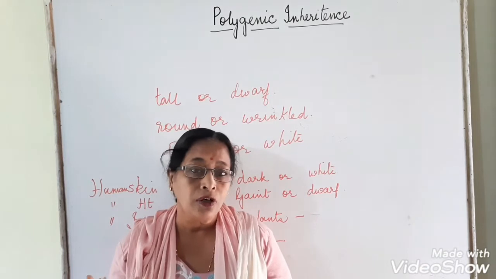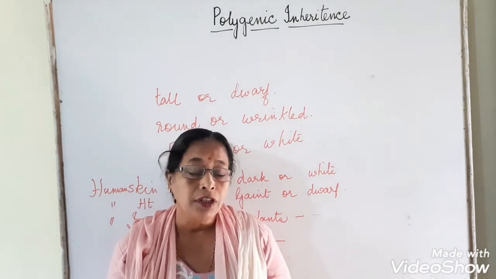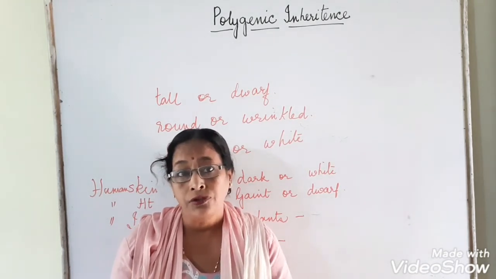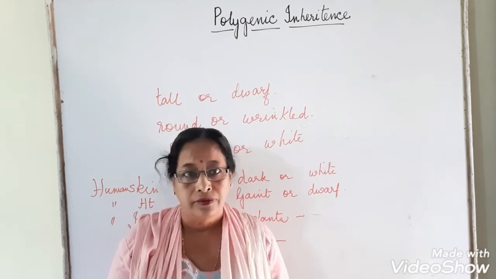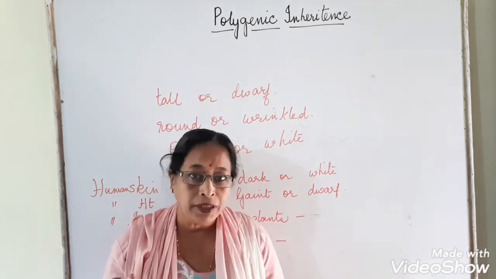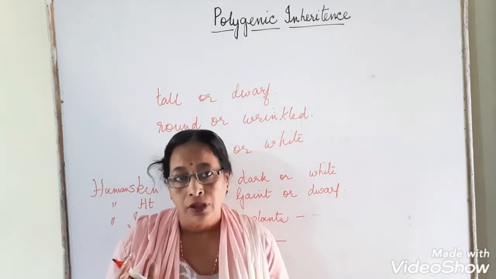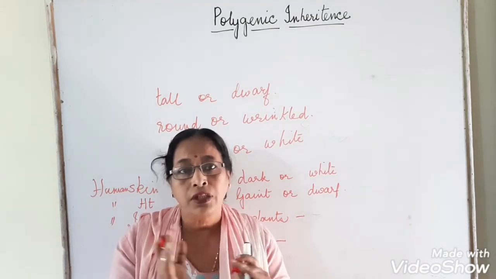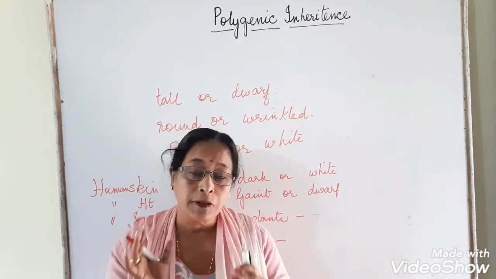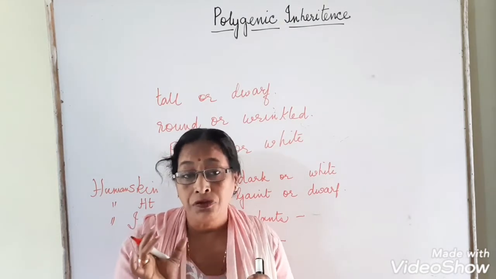The inheritance of a quantitative character depends on a number of genes. These genes are independent and they show small and similar effects. The effects of these genes keep on adding to express one character, one trait.